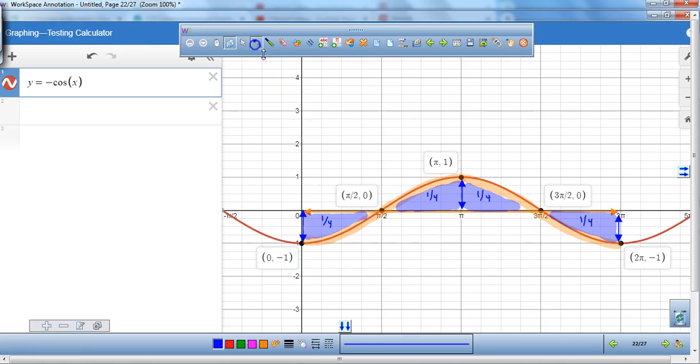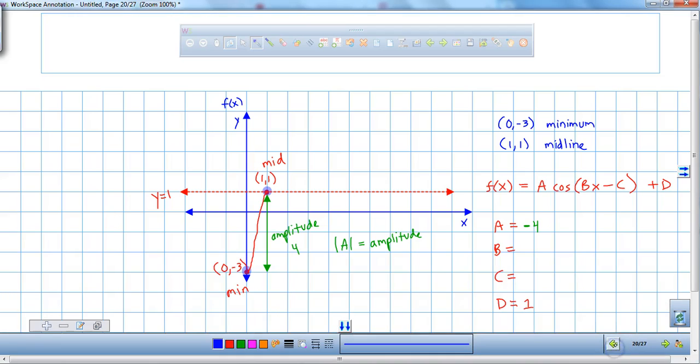So once again, from the minimum to the midline, from here to here, is only a quarter of the way across. So we look at our problem, we've only gone 1/4 of the way across. So how many units have we traveled from right here to right there? We've only gone from 0 to 1.